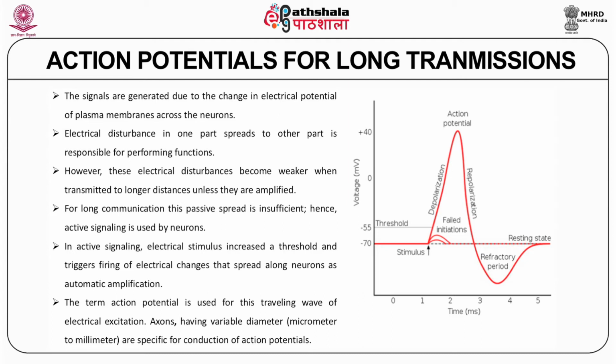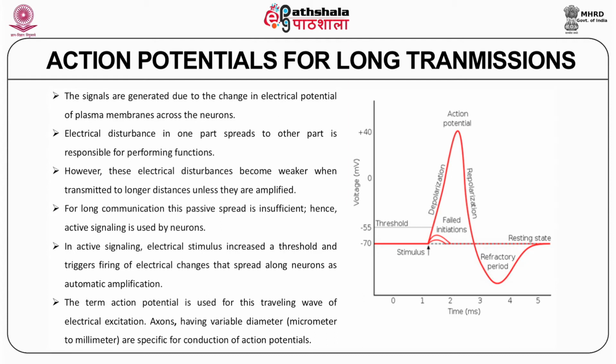However, these electrical disturbances become weaker when they are transmitted over a longer distance, unless they get amplified. For long communication, this passive spread is insufficient. Therefore, active signaling is required, which is used by the neurons.